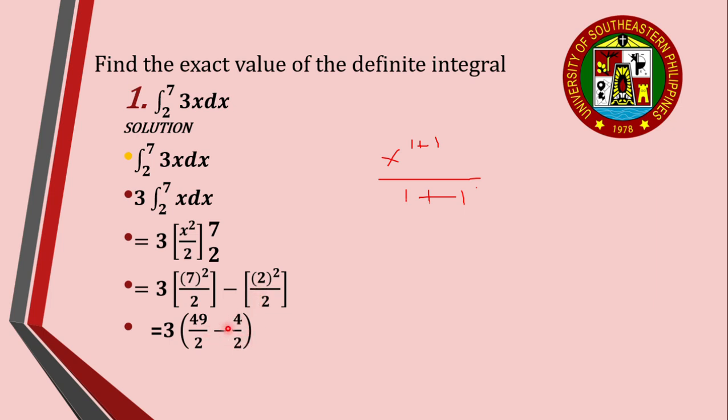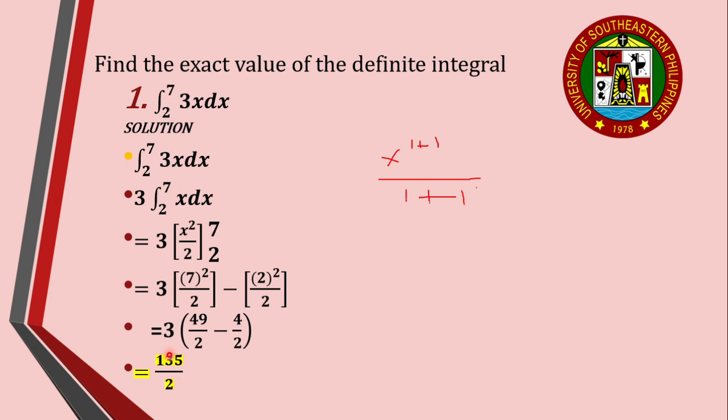So 49 minus 4 is 45 halves multiplied by the value of 3. So the answer for this problem is 135 halves.